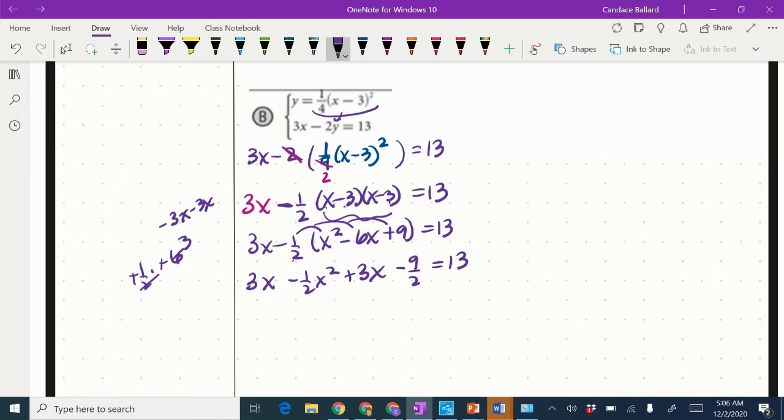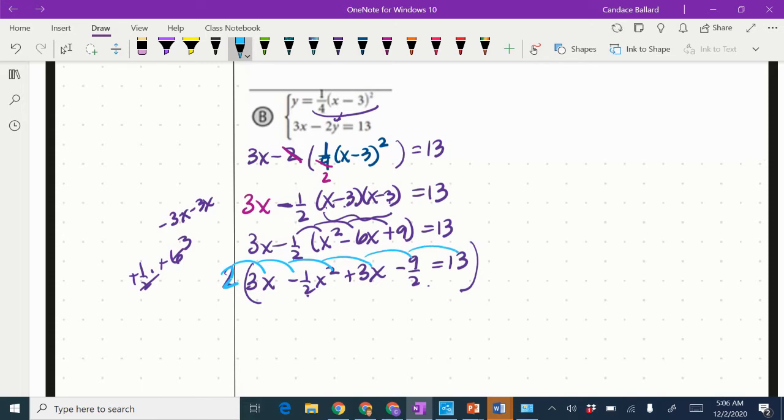Then I'm going to do something to get rid of the fraction. This is kind of like a little mathematical way to get rid of the fractions. I'm going to multiply everything by whatever the denominator is. So my common denominator is 2, so I'm going to multiply everything by 2. We're going to distribute the 2 into everything, including the 13.